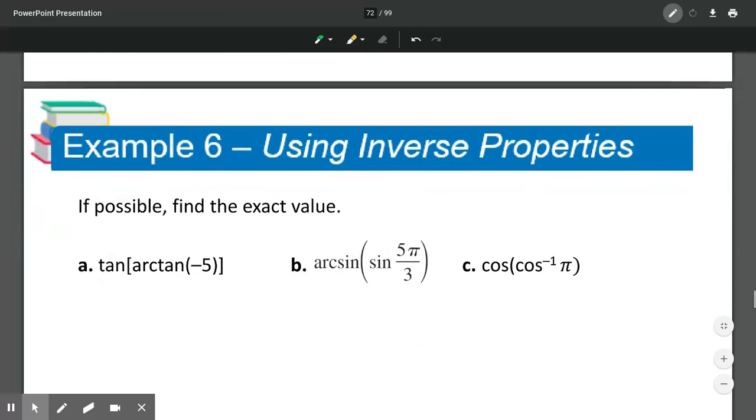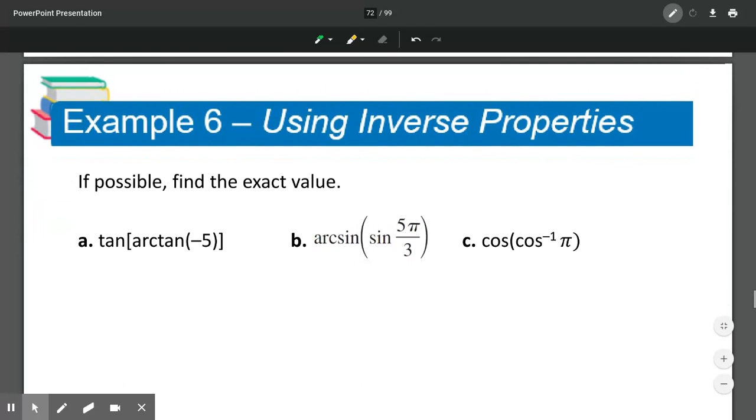All right, so let's find these inverse values. So first one, tangent. I don't love when they have the arctan, so sometimes I rewrite that as an inverse tangent of negative 5. And I know that negative 5 isn't something that I know from my unit circle.